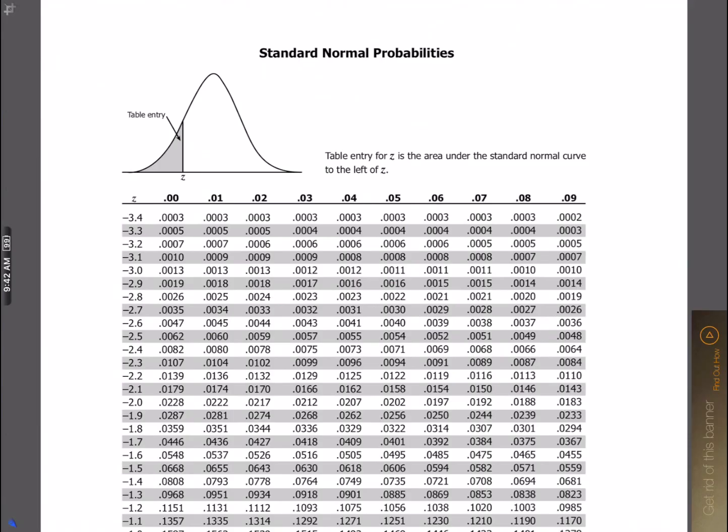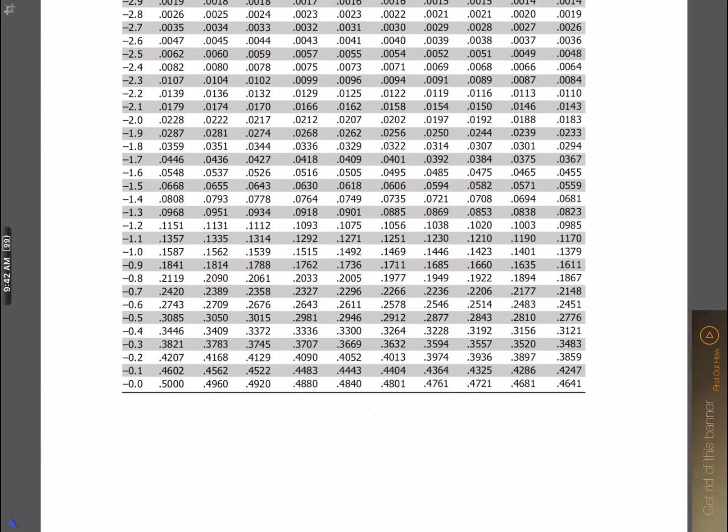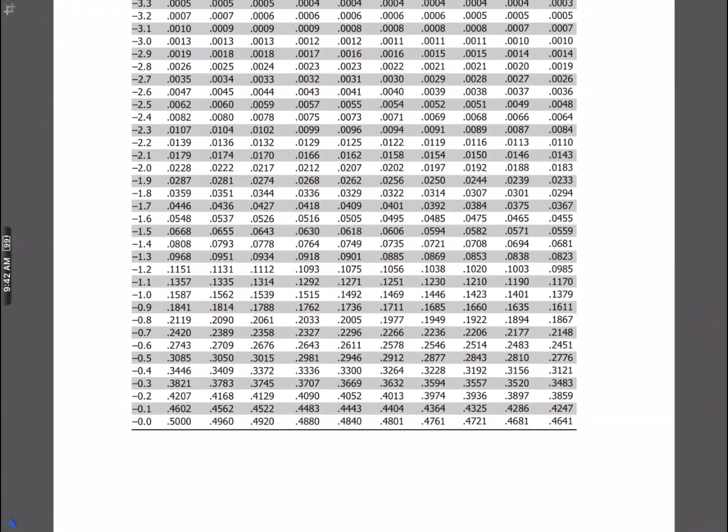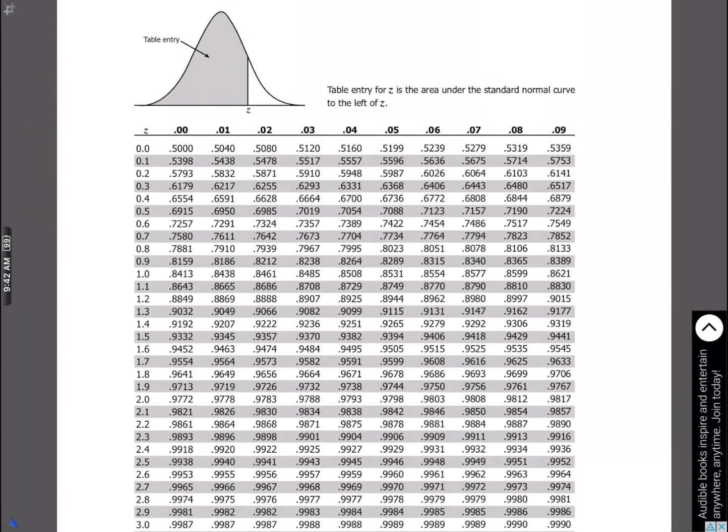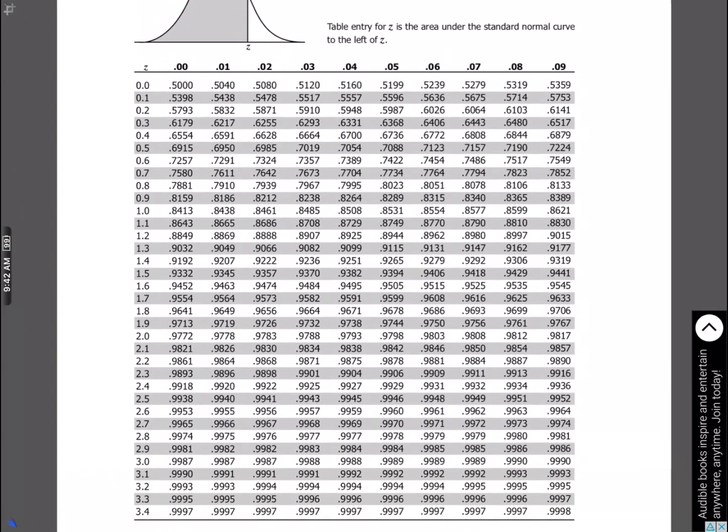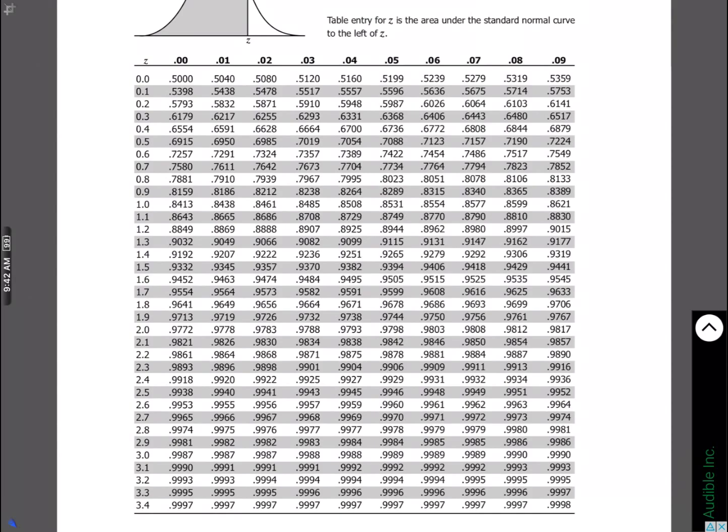This is our normal table, our standard normal z table. And the way we're going to read this is to start by looking for the number in the first column. The first page is usually all the negative numbers, and then if we move to the second page, we have the positive numbers. So in our case, we're looking up 1.65.